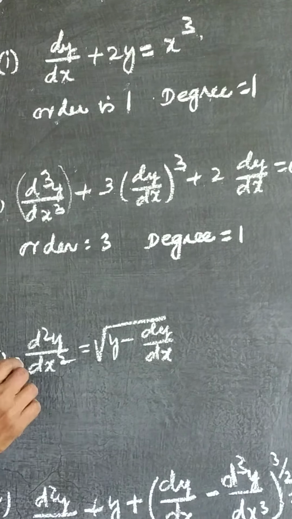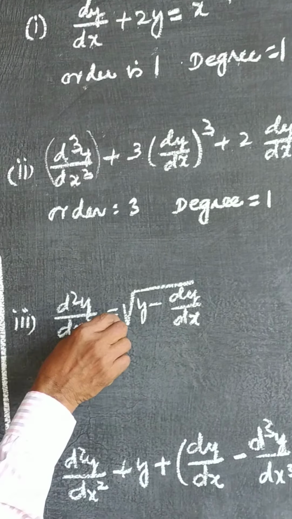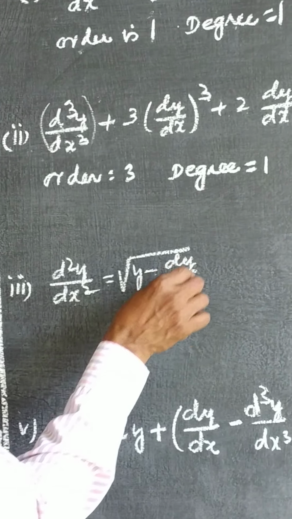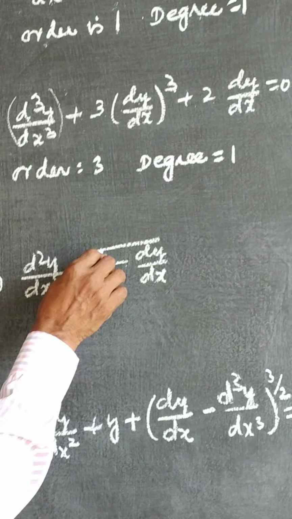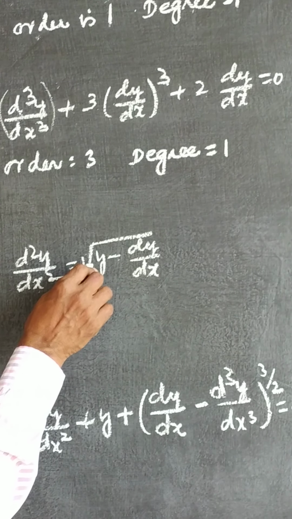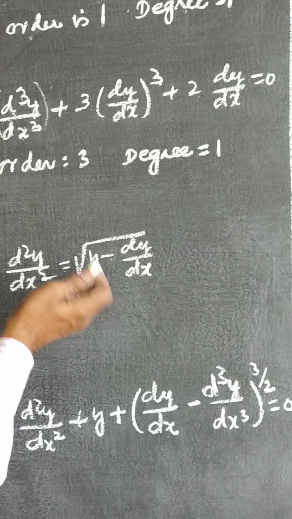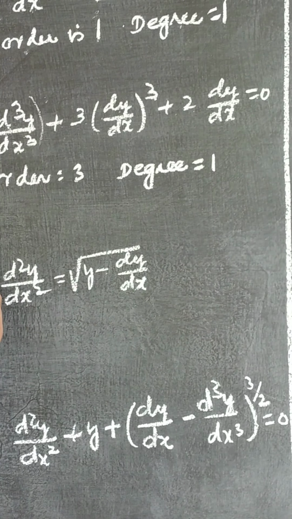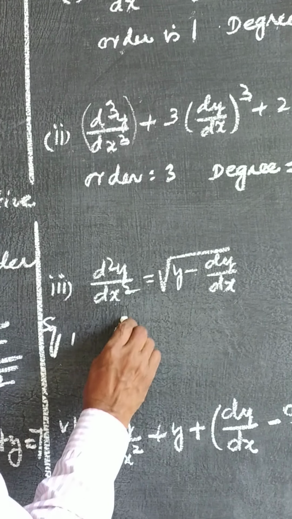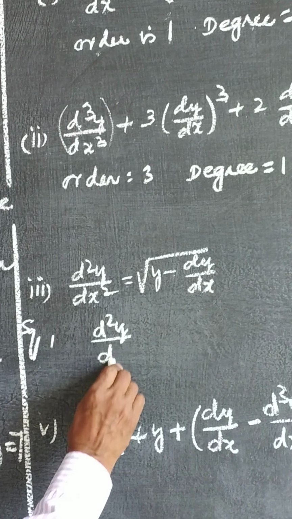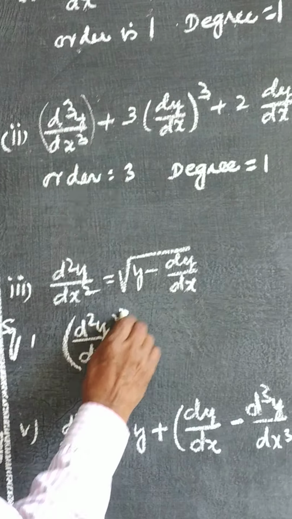And here, d square y by dx square is equal to root of y minus dy by dx. Here, it is nothing but a radical form. That means we have to square it on both sides. When squaring on both sides, we get (d square y by dx square) whole square on the left hand side.